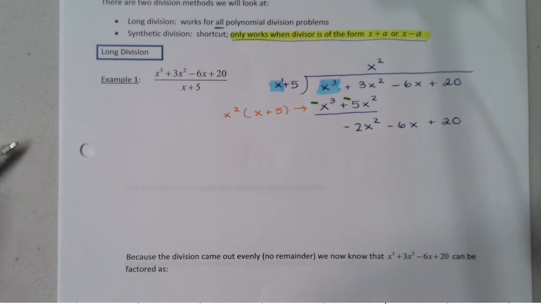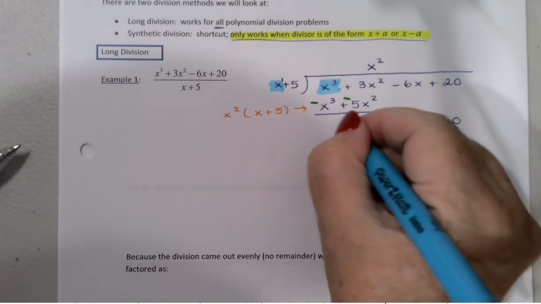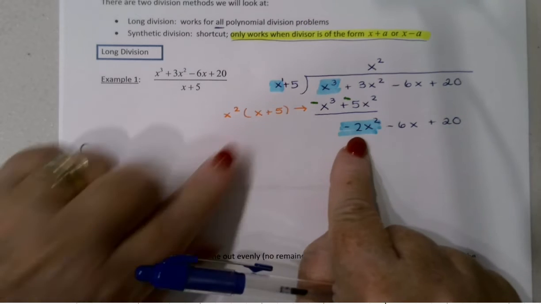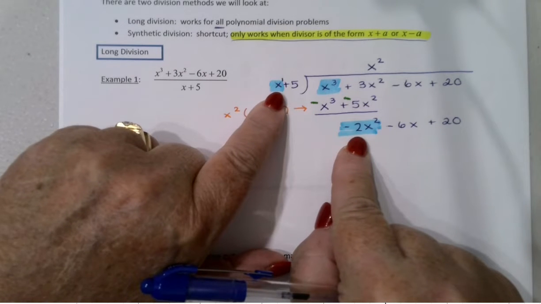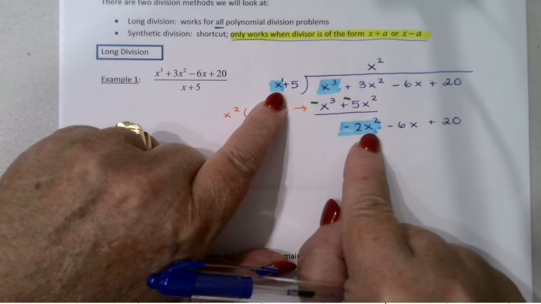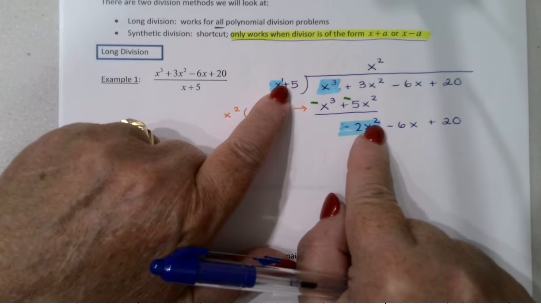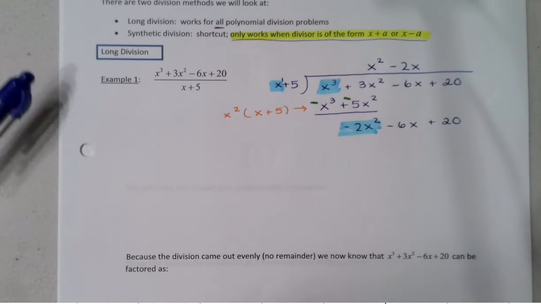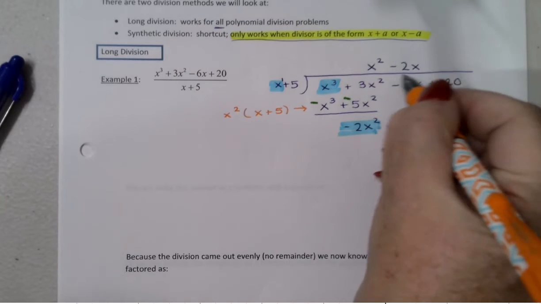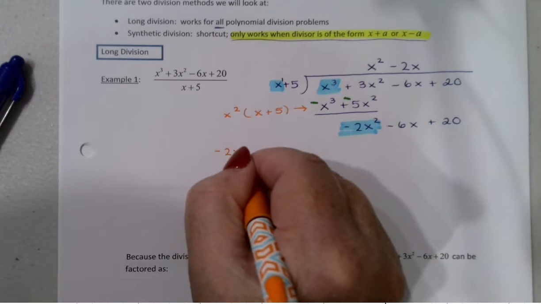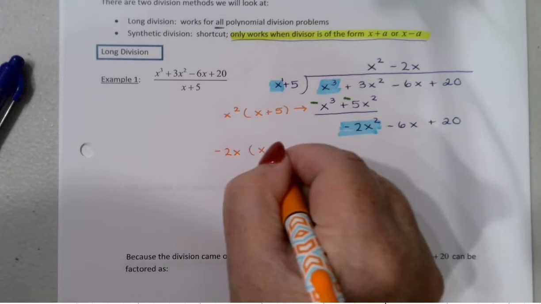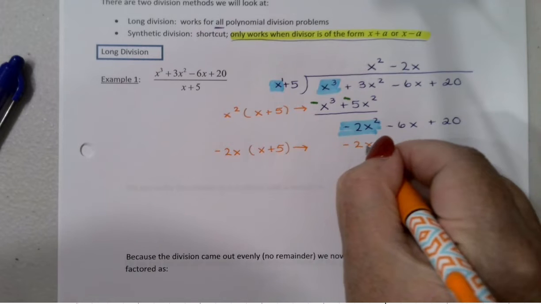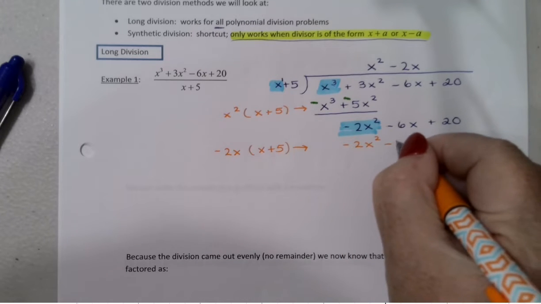And I'm going to go back now to the division step. So I'm taking my negative 2x squared, dividing by x to the first. I'll get negative 2, subtract the exponents, x to the first. I'm going to take that negative 2x and multiply by the x plus 5, which is going to give me negative 2x squared minus 10x.